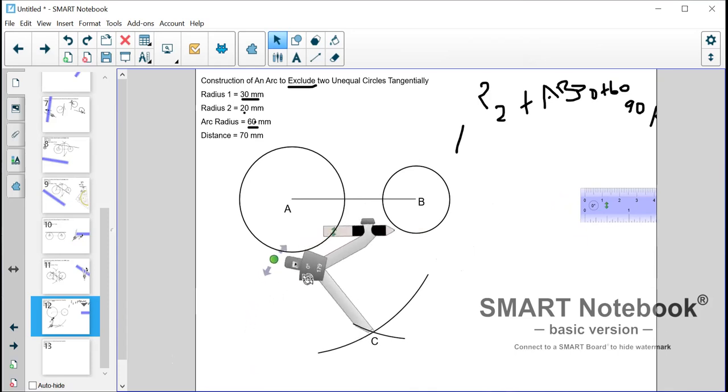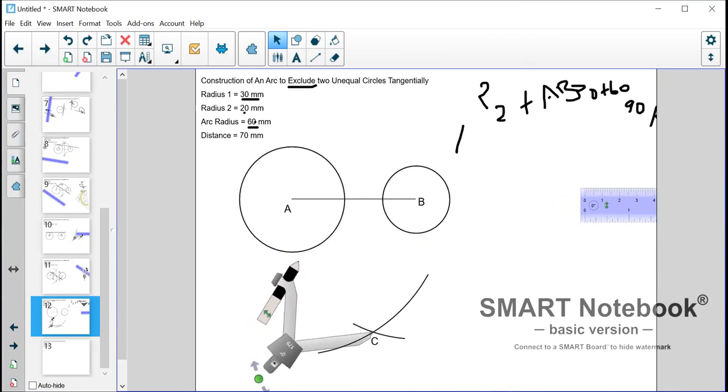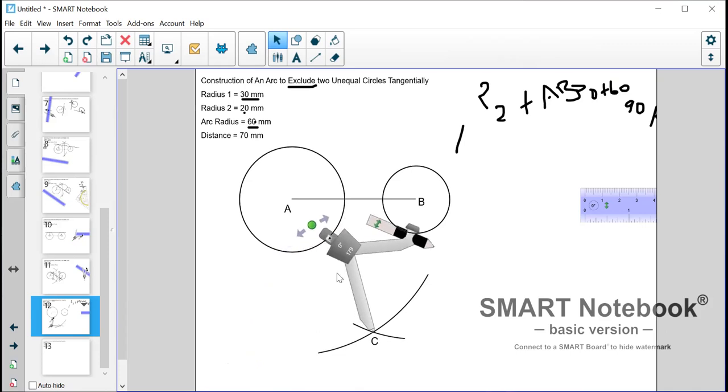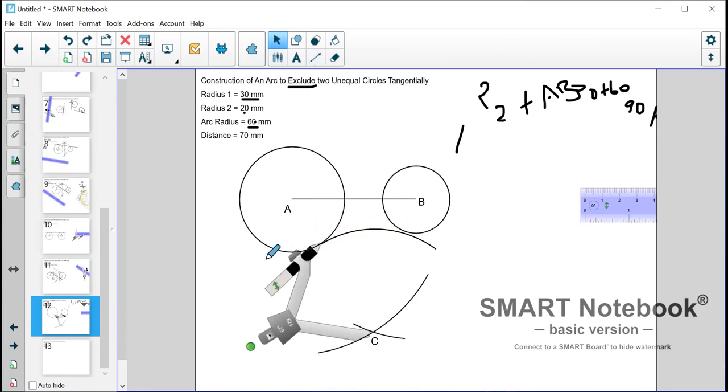Majority of the time, you will have some part of it either cutting or some part missing, as you can see on mine. This part is missing.